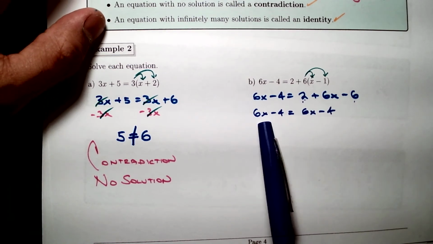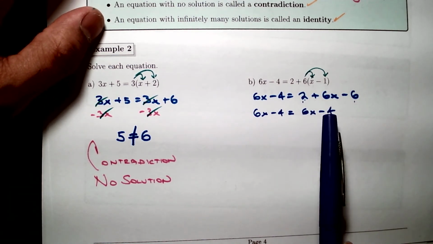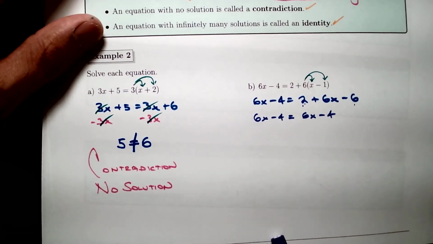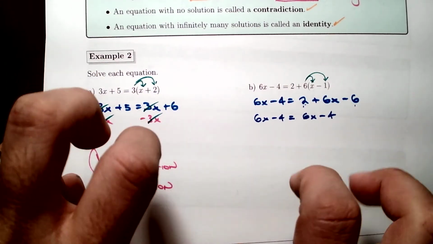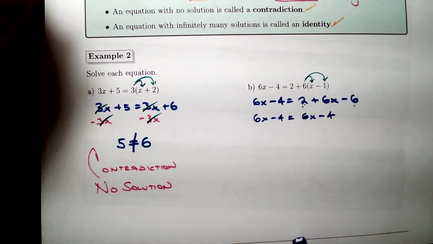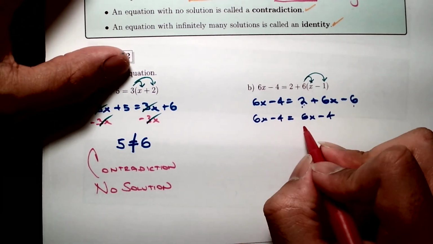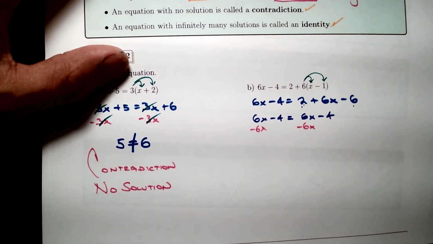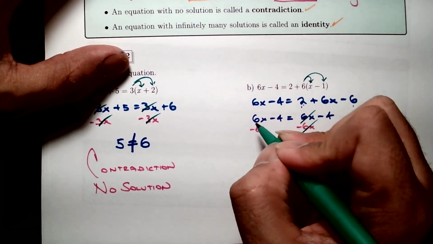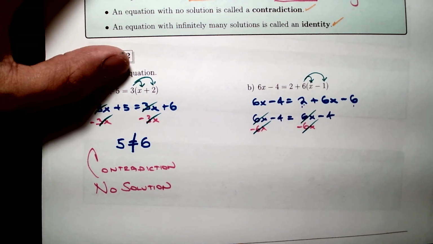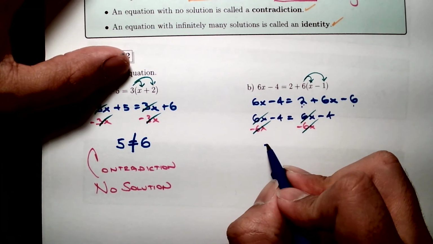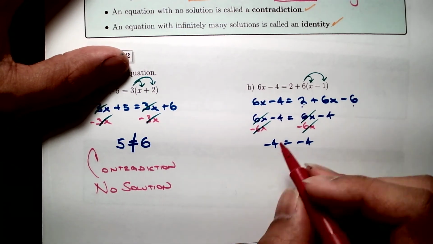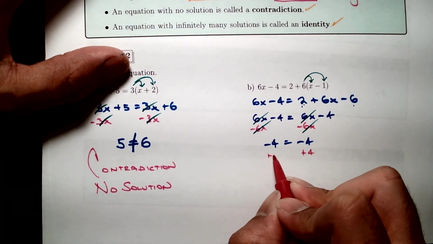Or from here you can call it an identity because you have basically the same quantity on both sides. But if you want to simplify it, you might want to do that by subtracting 6x first, and goodbye. That's going to be then negative 4 equals negative 4, and then I'm going to add 4 to both sides.